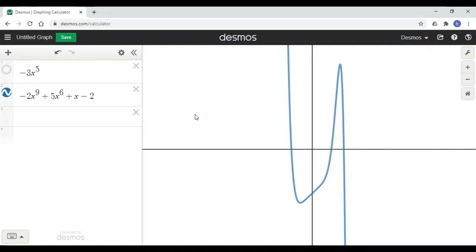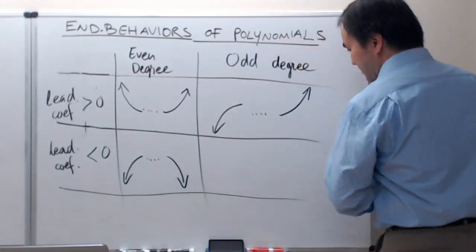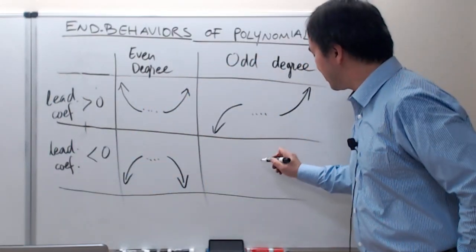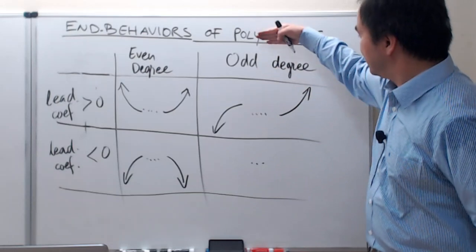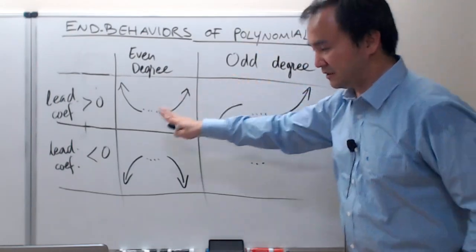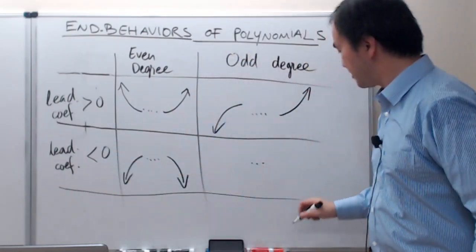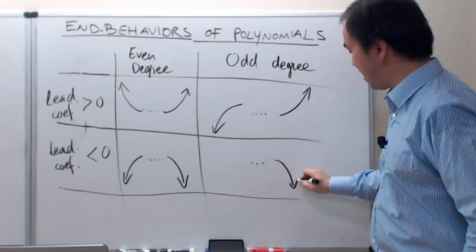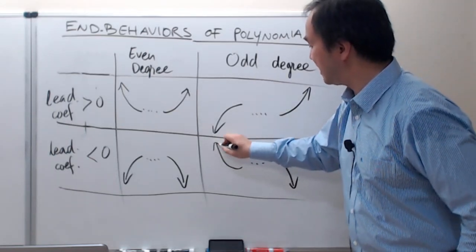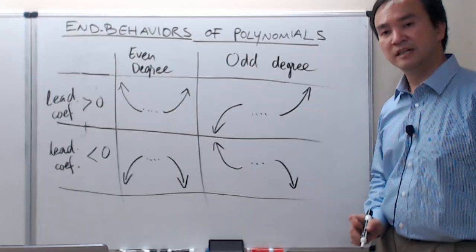Okay, now let's quickly turn back to our table, ready for this last conclusion. When your polynomial has odd degree combined with a negative lead coefficient, then the right end points down and the left end points up, as you have seen in the graphs just now.